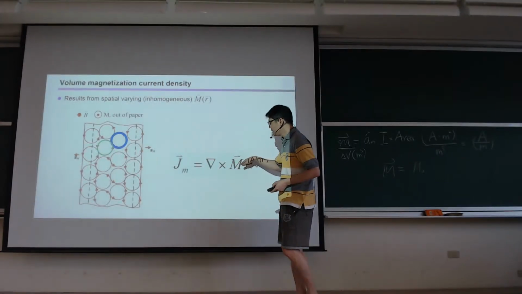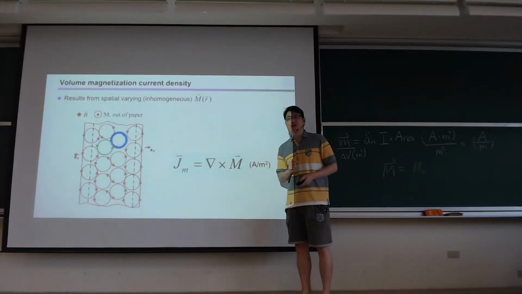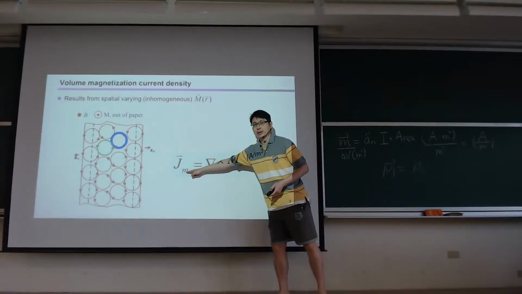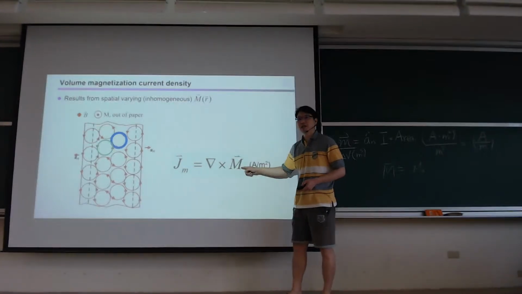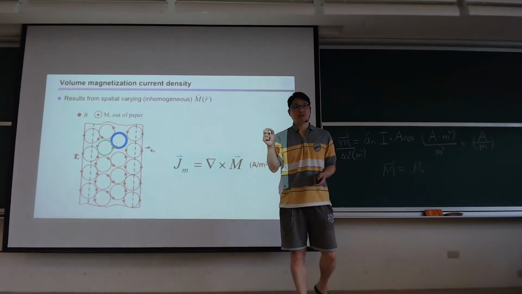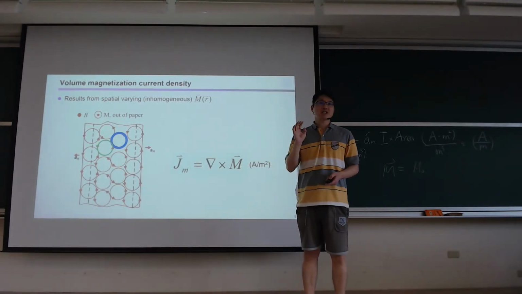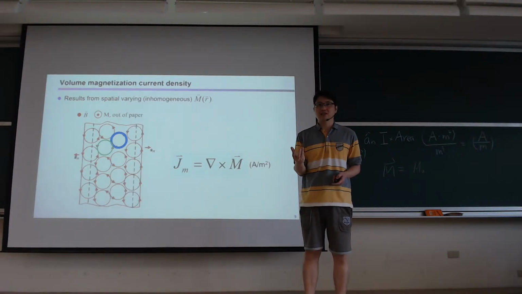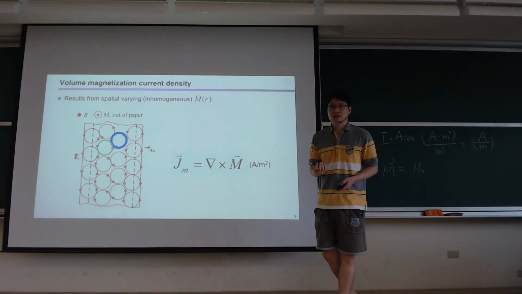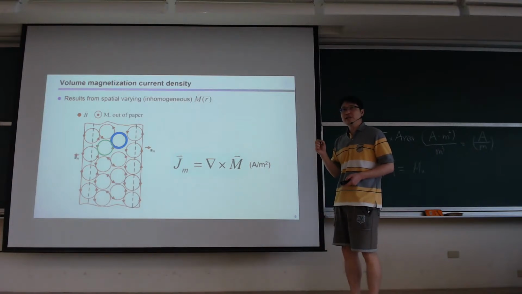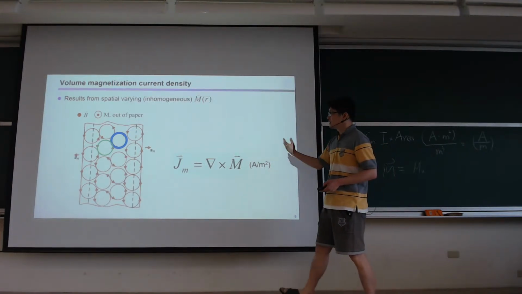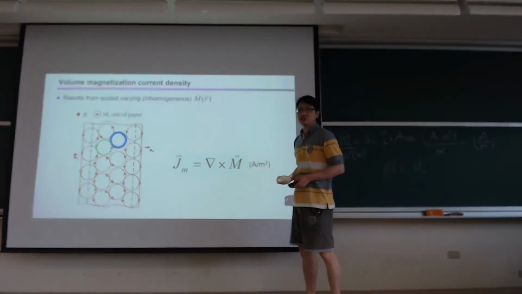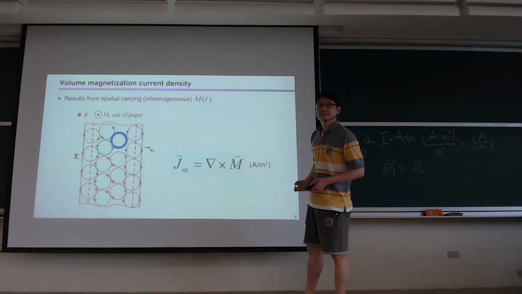So that is the meaning of the curl operation. If this curl is not equal to 0, your material is inhomogeneous. Just like the case we discussed for the volume charge density for dielectrics, you need to have inhomogeneous material to give rise to a non-zero volume magnetization current density. Okay?